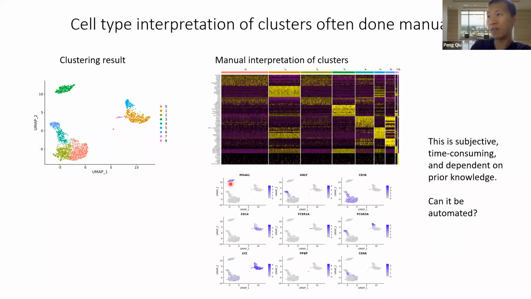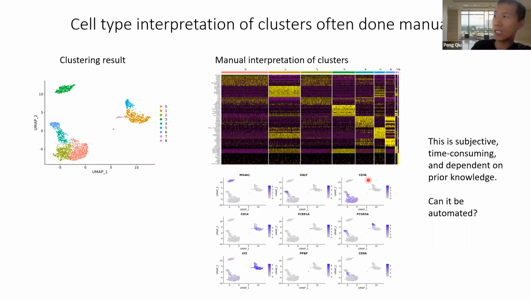So this gives us a strong indication that this cluster of cells is B cells. We can do that using other markers for monocytes, for T cells, for NK cells, etc. And that can help us to identify cell types, or I mean, cell type annotations for these clusters.